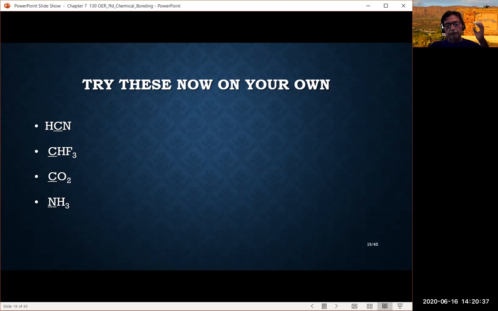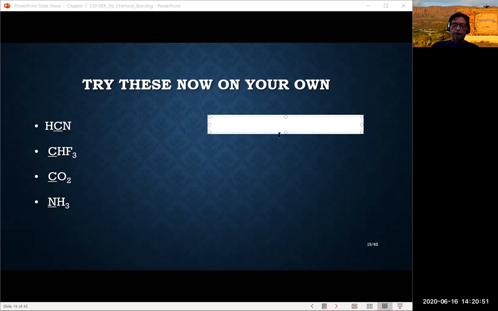Okay, so we add up the valence electrons for HCN. There's 1 hydrogen, so hydrogen brings in 1 valence electron. There's 1 carbon. Carbon's in group 4, so it brings in 4 valence electrons.